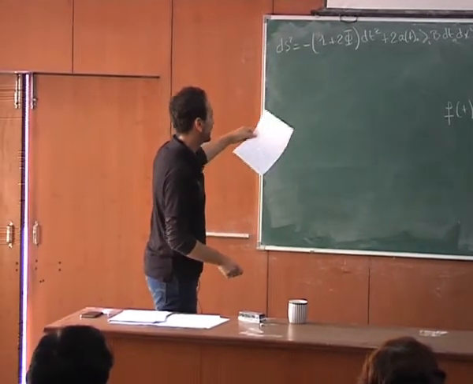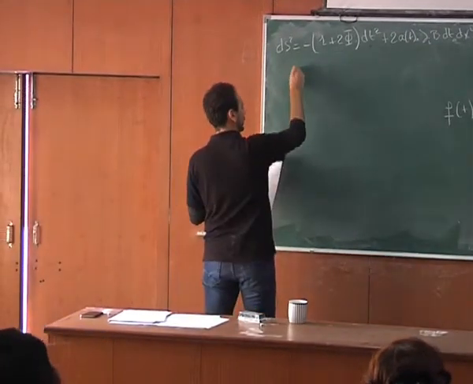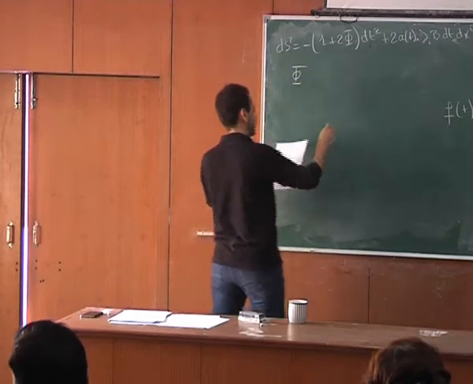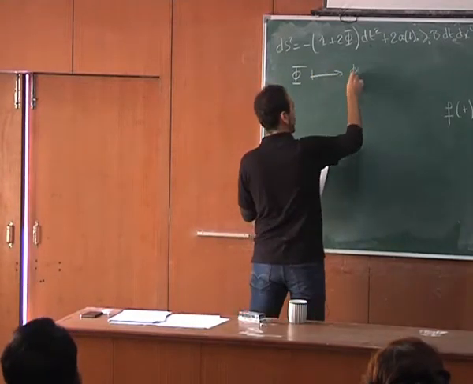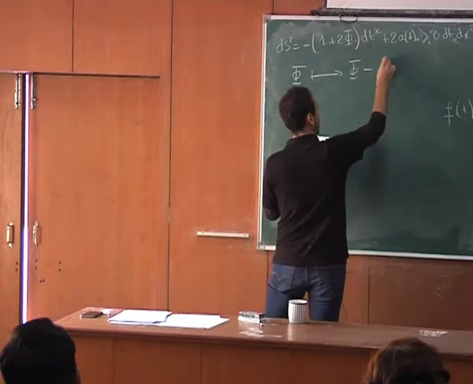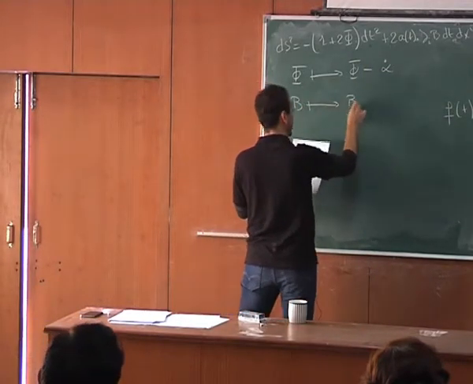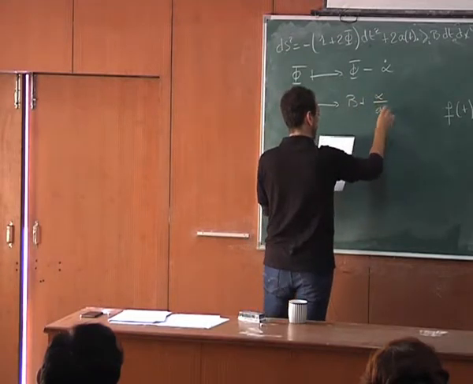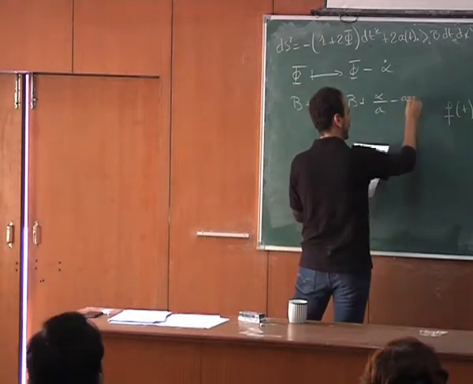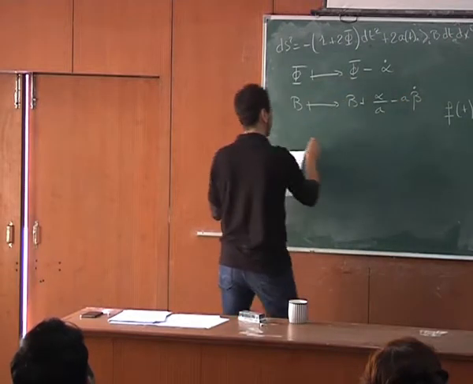So each of these scalars is going to be shifted because of this change of coordinates. Phi changes into phi minus alpha dot. B changes into B plus alpha over a minus a beta dot.